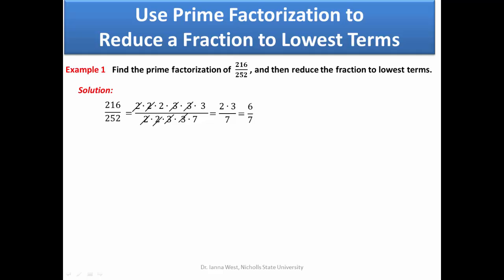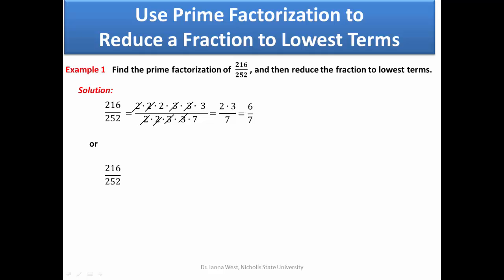Notice that when we multiply the numbers that the numerator and denominator have in common, we get the greatest common divisor, which is 36. So we can divide both the numerator and denominator by the GCD 36.